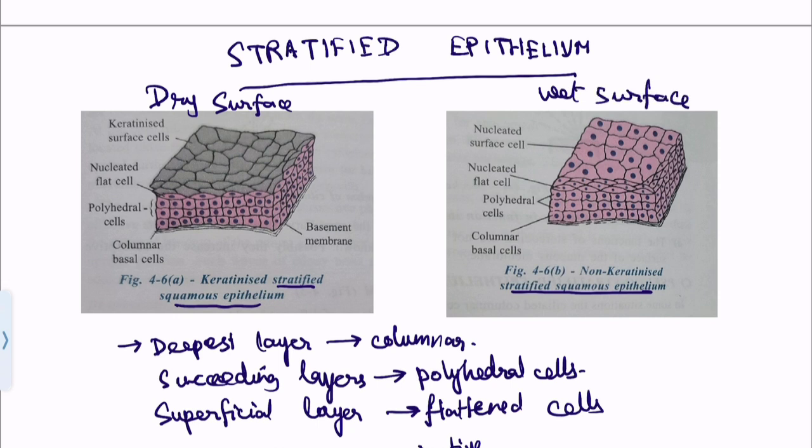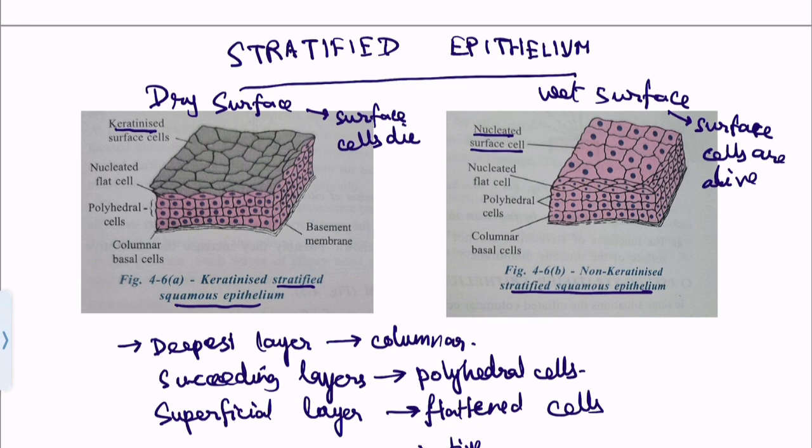On dry surface, the surface cells die and they get keratinized. On wet surface, the surface cells are alive. You can see they have a nucleus, nucleated surface cells. Okay.